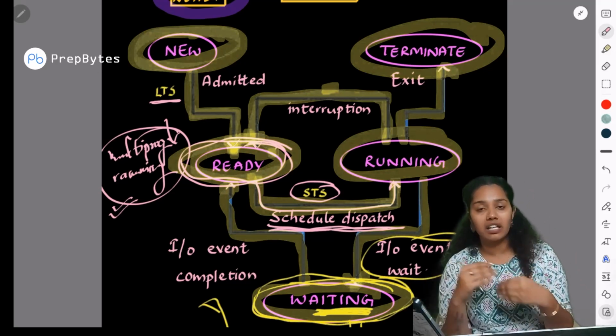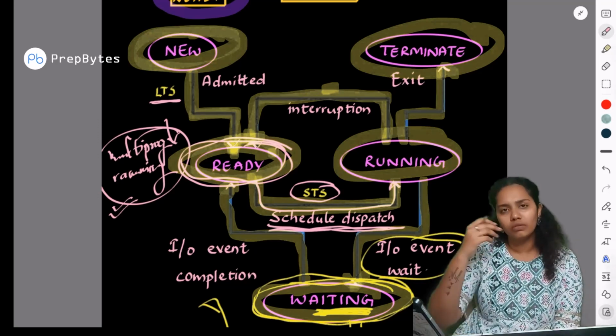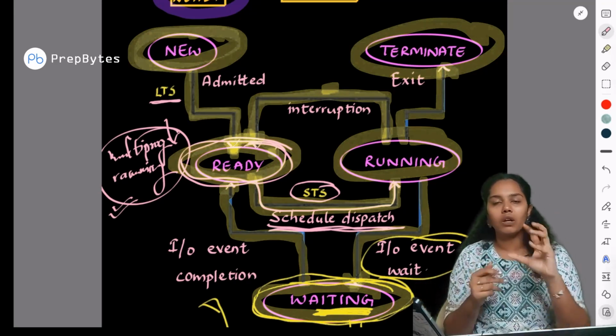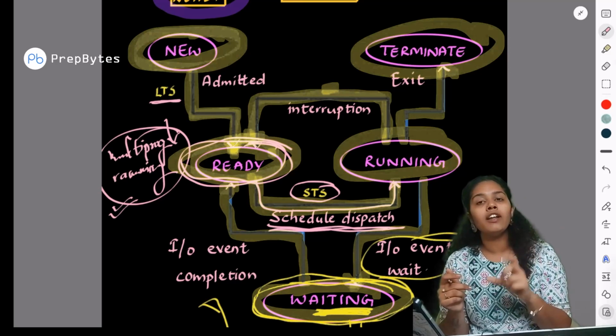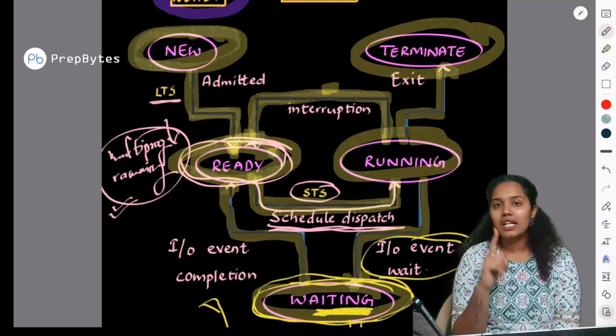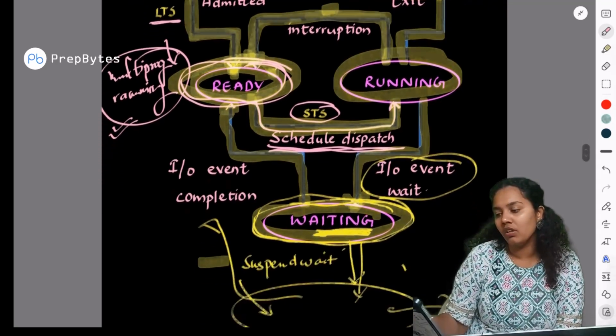Here the scheduling algorithms come into the picture, which we'll learn later. But we can simply remember that the long-term scheduler takes care of new to ready, and the short-term scheduler takes care of ready to running. Now there is another scheduler, which is the medium-term scheduler.